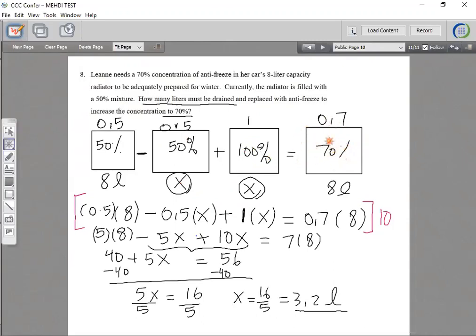So if you add 100% in place of this 50%, then we want it to have 70%. I hope everybody sees where that 100% comes from now. When you put pure antifreeze in the tank, the strength is 100%. When you drain whatever you have out, X amount out, they are giving us that the strength is 50%. That's why 50% of X is going out, 100% of X going in.